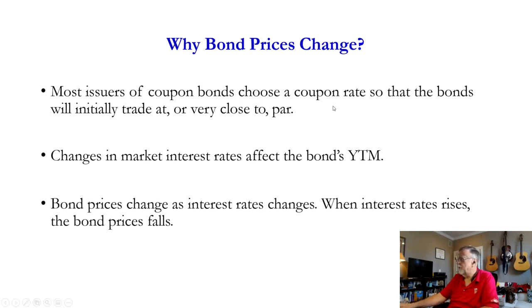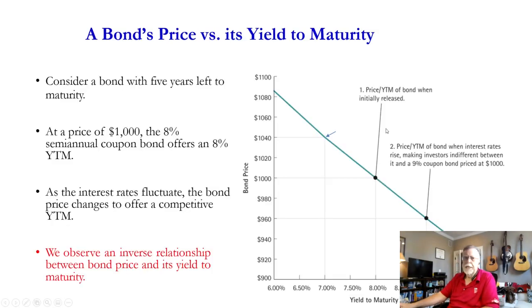And there's a chart I'm going to show you. So look at here. This is a 5-year bond left to maturity. The price of $1,000 here is right in the middle, when the bond was initially released. Let's say this 8% bond here offers an 8% yield to maturity.